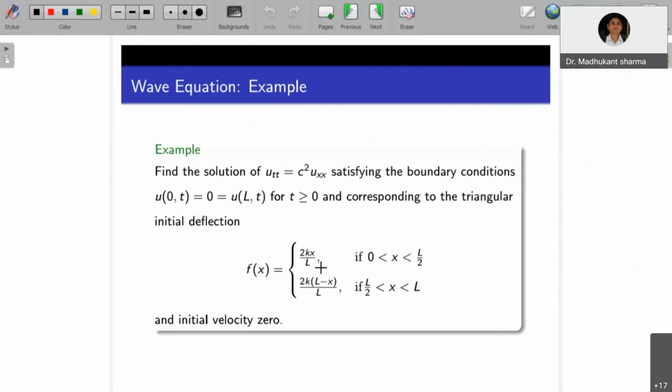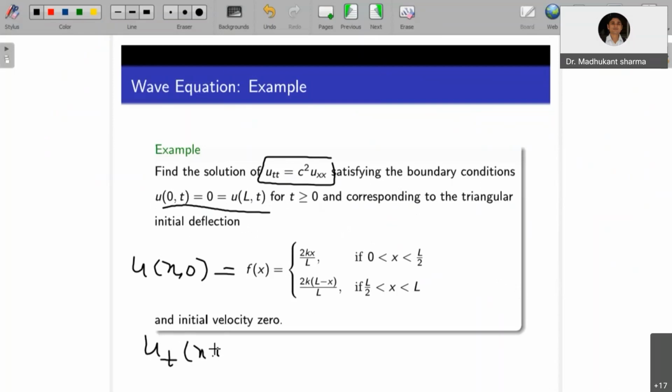Find the solution of u_tt, this wave equation, satisfying the boundary conditions, known as homogeneous boundary conditions, where at both ends the value is 0, and corresponding to the triangular initial deflection. It is given that initially u of x comma 0 is this, and the initial velocity u_t of x comma 0 is 0.